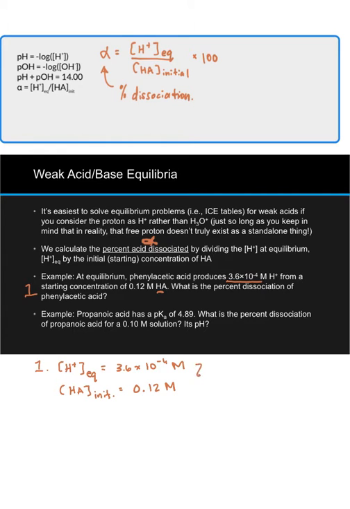The percent dissociation, therefore, alpha, for this acid is 3.6 times 10 to the minus 4 divided by 0.12 multiplied by 100 to give us a percent. Alpha is equal to 0.3%.